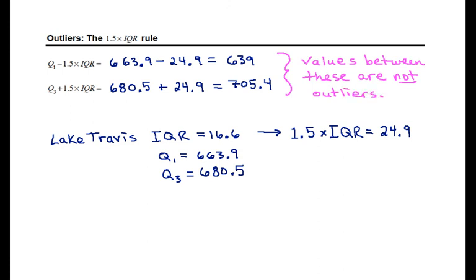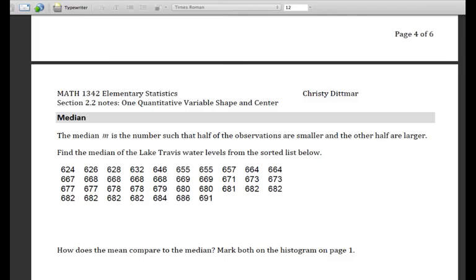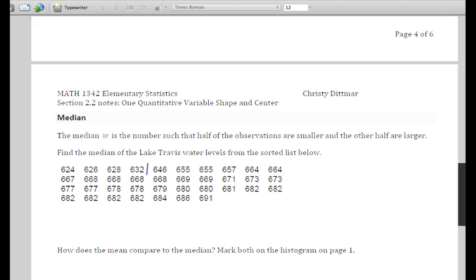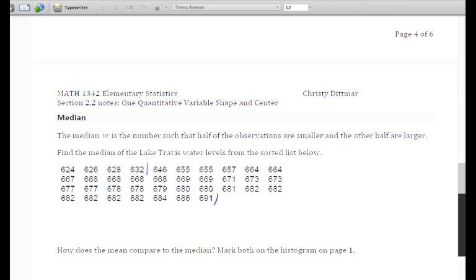We would need to look at a list of this data in order to find the ones that are outside these bounds. The easiest way to do this is to come back to our section 2.2 notes where we had a sorted list, and we used this sorted list to find the median. So 639 is my lower bound, and that occurs right here. 705 is my upper bound, which is higher than the highest value on here.